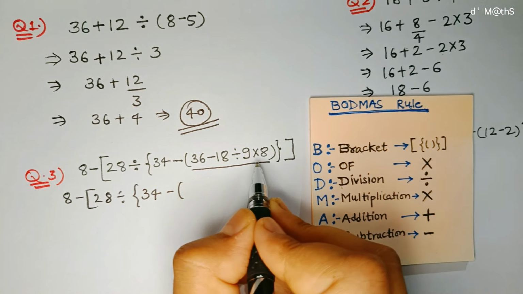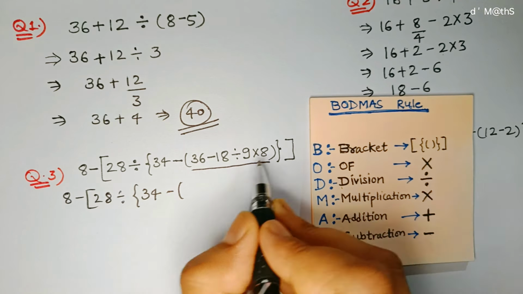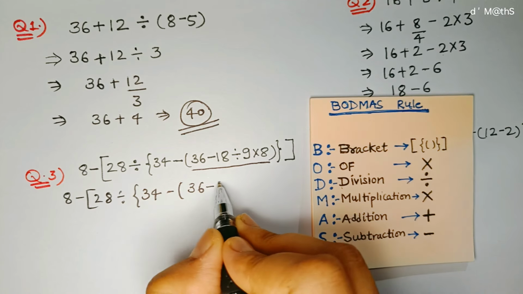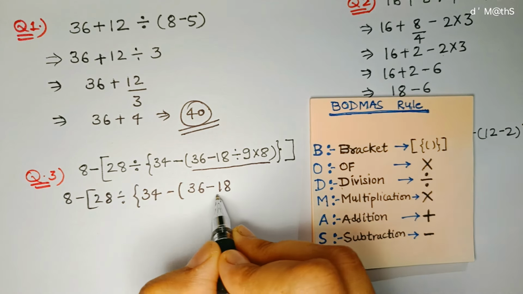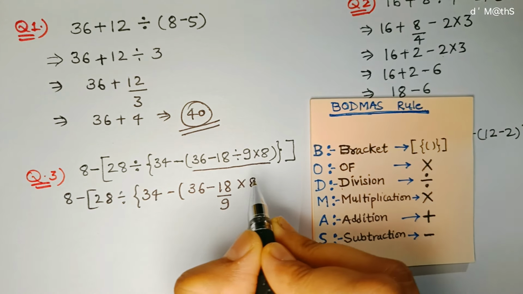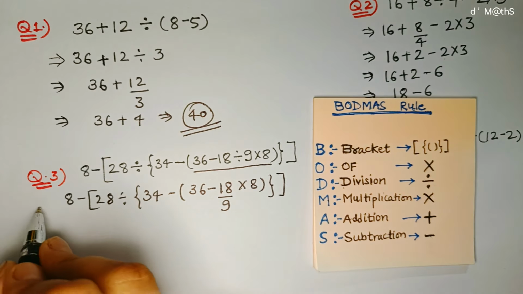Among these signs you will first break the division, because you are under the small bracket. So 36 minus 18, here it is division, so 18 by 9; it is multiplication, so write it as it is. Then do everything now.